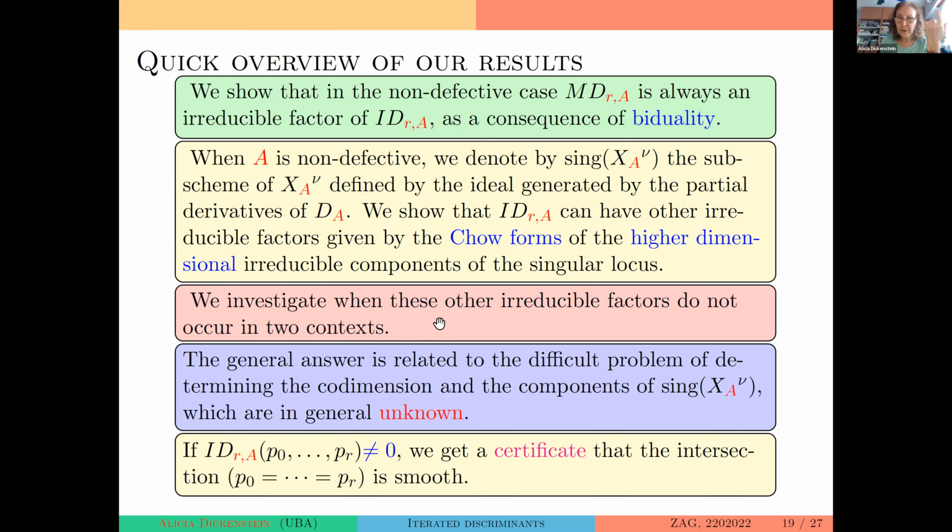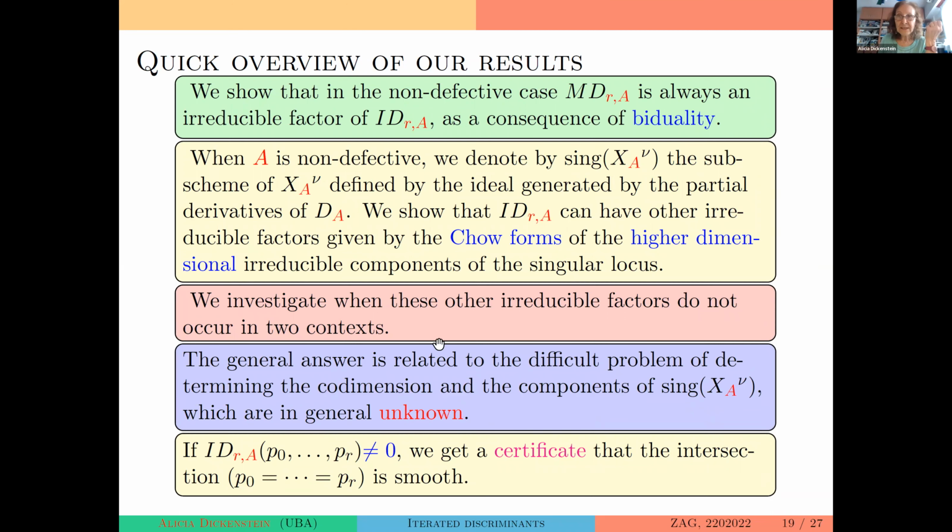We investigate when these other irreducible factors do not occur in two contexts that I will describe. And the general answer is related to the difficult problem of determining the codimension and the components of the singular locus of the dual variety, which are in general pretty unknown.